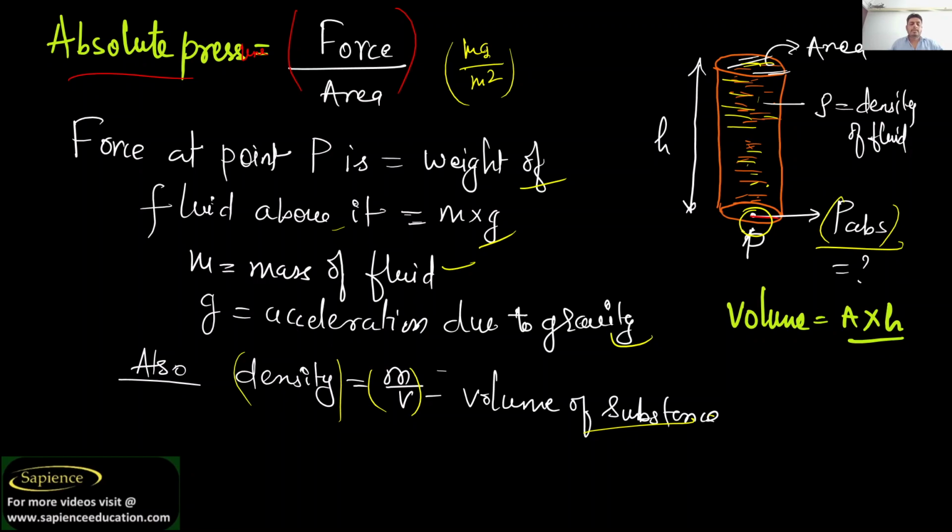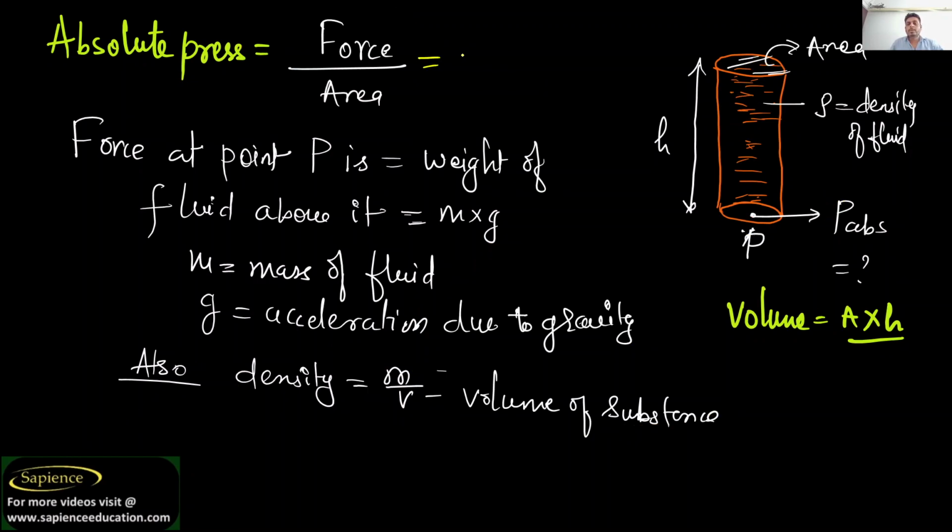I have already told you that force is m into g, because force is acting due to the weight of the fluid, and area is this particular area I'm talking about. So this is your absolute pressure. Now you know that density of any fluid is equal to mass by volume, where V is the volume of the substance.